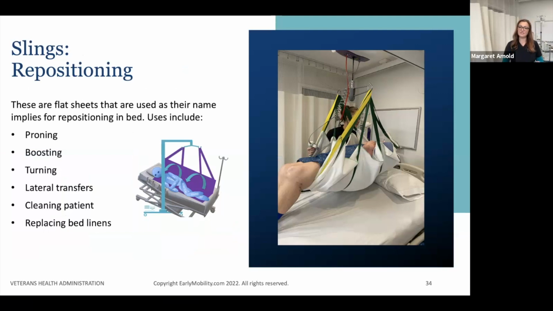The various different types of slings include repositioning slings, which are flat sheets and used, as their name implies, for repositioning in bed. Uses include proning, boosting, turning, lateral transfers, cleaning the patient, or replacing bed linens.